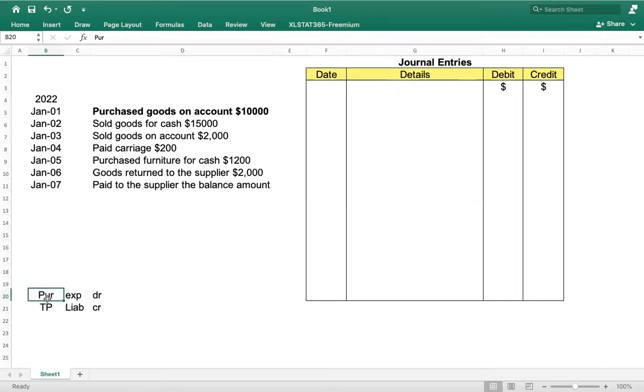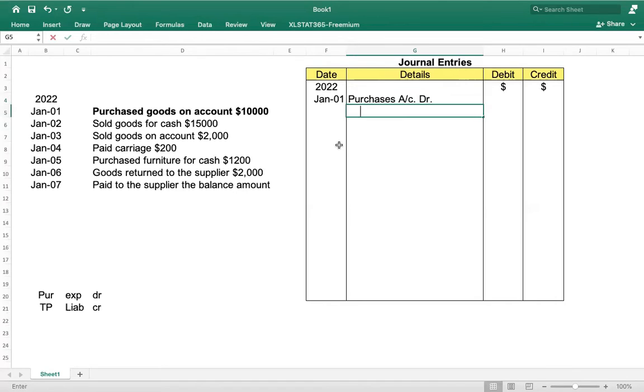We bought goods not for own use, we bought goods for resale purpose. So when we buy goods, it is expense, and when we sell goods, that is revenue, right? So increase in expense debit, increase in liability credit. First I will record the debit item. 2022 Jan 1st, purchases account debit.